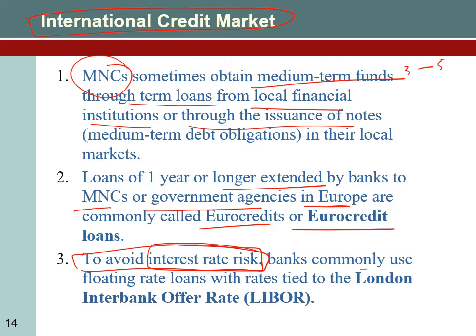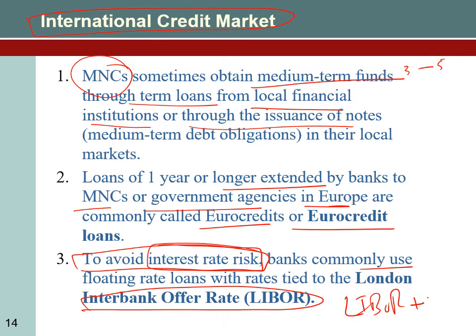So they use common term, we call that LIBOR, which is London Interbank Offer Rate. So they add some kind of premium in LIBOR, for example LIBOR plus 0.5%. What does it mean?